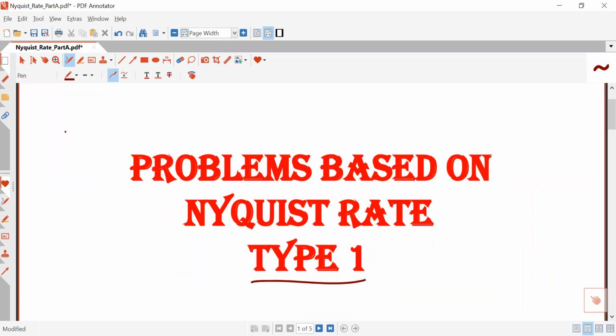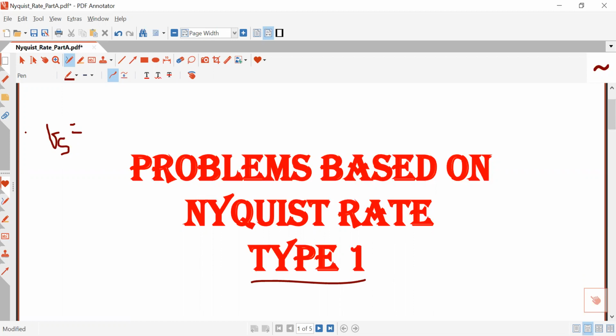In the previous lecture, I discussed the Nyquist rate. Nyquist rate is basically the minimum value of sampling frequency with which, if you sample the analog signal, you can again reconstruct the original signal from the sampled signal.